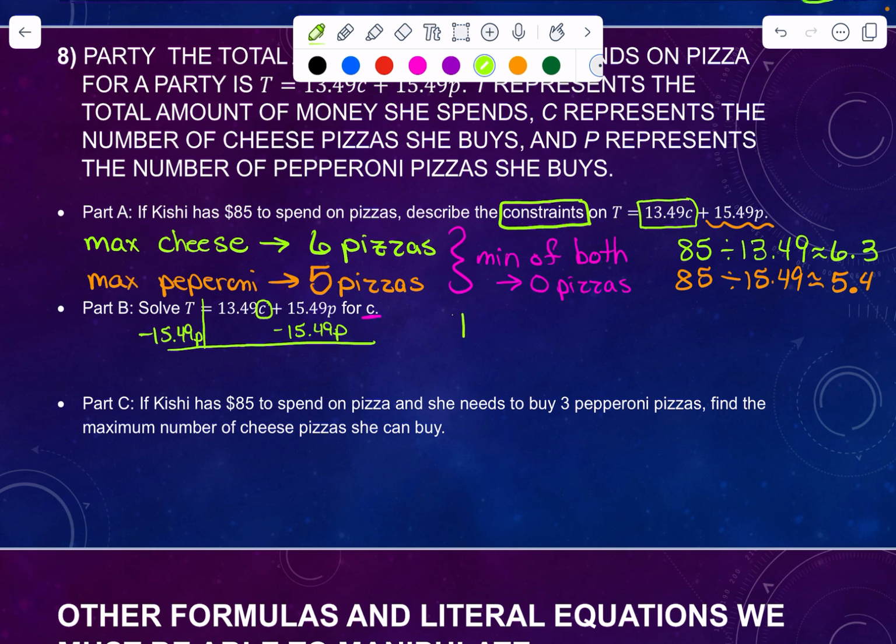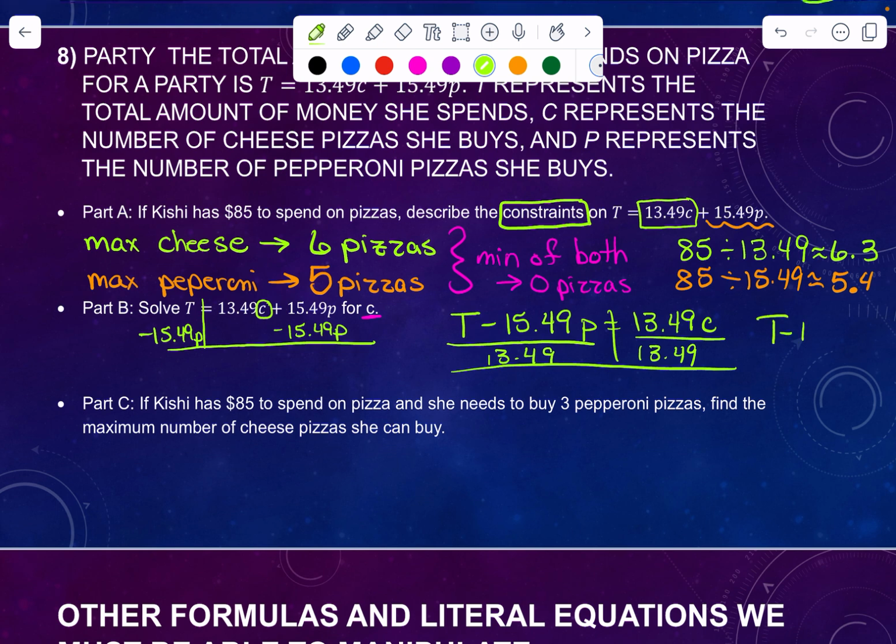So that's going to give me T minus 15.49P equals 13.49C. Then I would divide that by 13.49. So I know that T minus 15.49P over 13.49 will equal C.